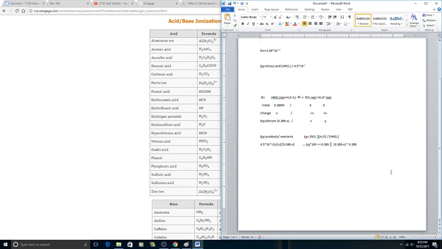So 4.5 times 10 to the negative 4 times 100, move that decimal over twice, we get 4.5 times 10 to the negative 2 maybe, and that's still very, very small.